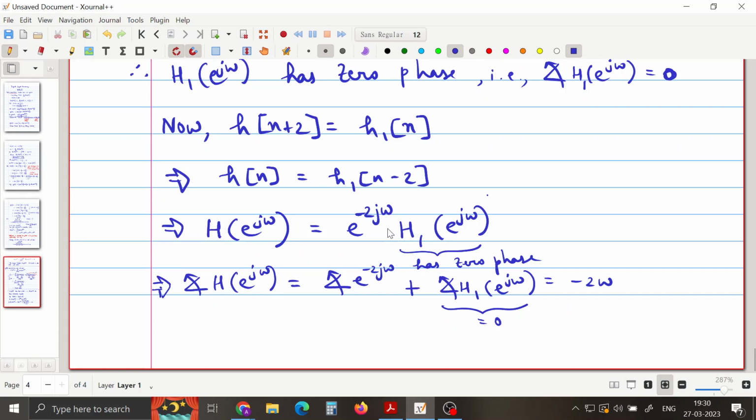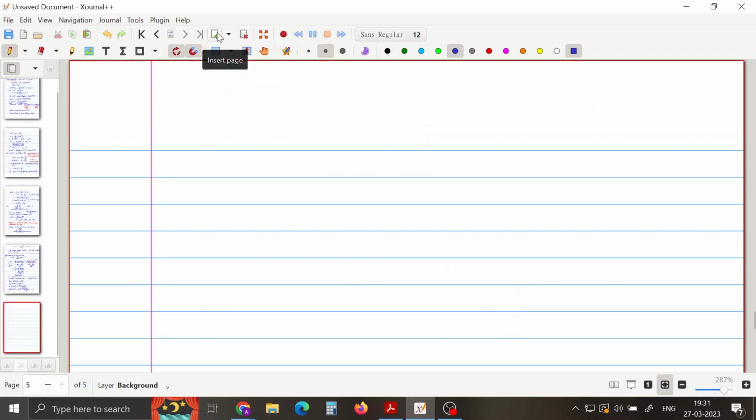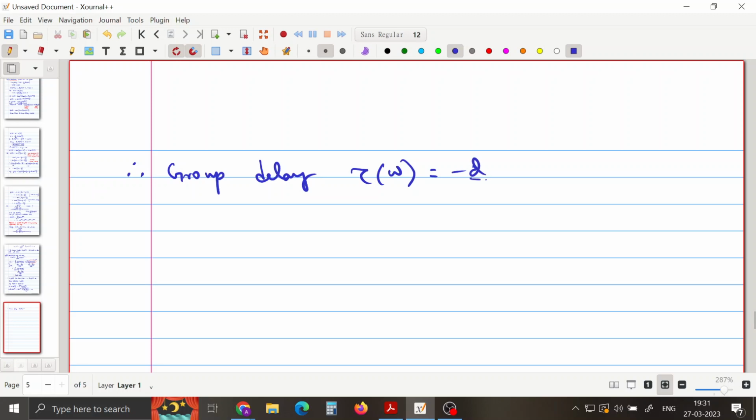We know the phase response is known to us, and all we need to do now is take the negative of the derivative, correct? So therefore group delay tau of omega is minus d by d omega of this, which is nothing but d by d omega of, we just calculated that it turns out to be minus 2 omega, so it is 2. That's our answer.